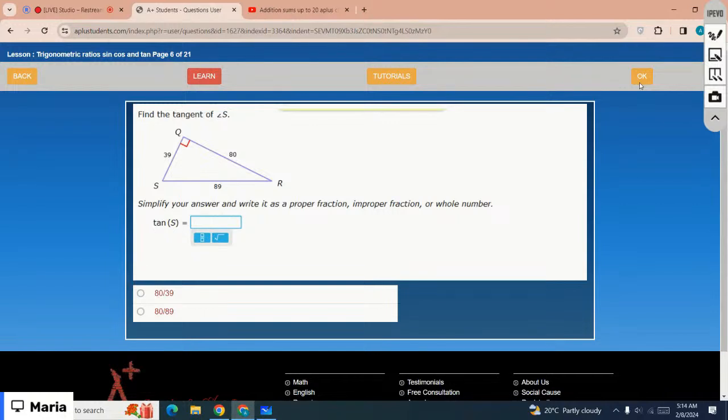The next one is find the tangent of angle S. So which is the correct option?